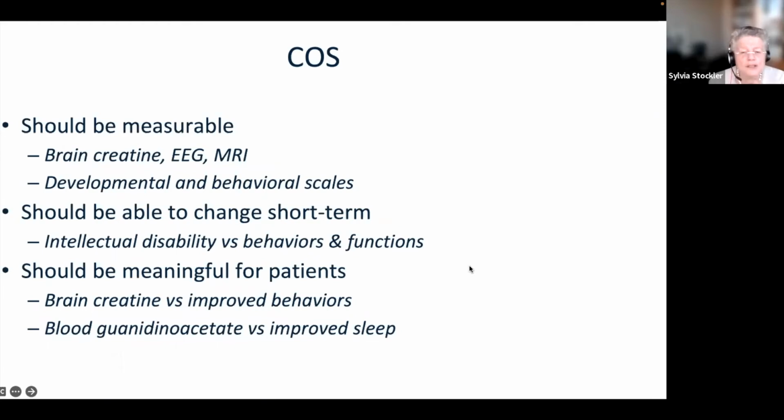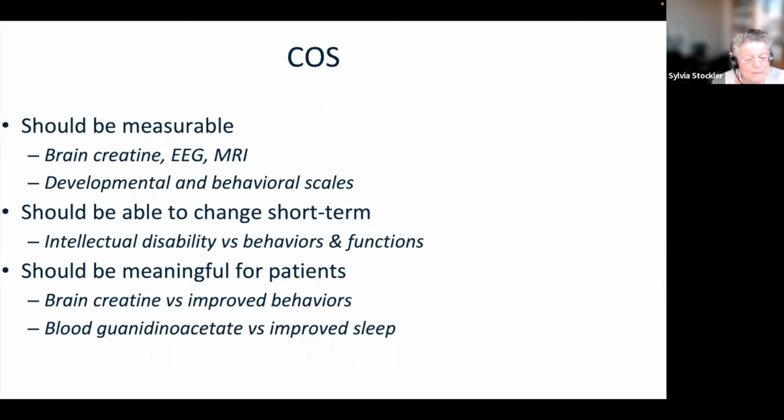Another consideration is that core outcomes should be measurable, right? Brain creatine, EEG, MRI are measurable. We have devices and techniques to measure that. We can also measure developmental and behavioral outcomes with scales, but they are very generic. These scales usually don't tell us much about individual particularities of a patient.